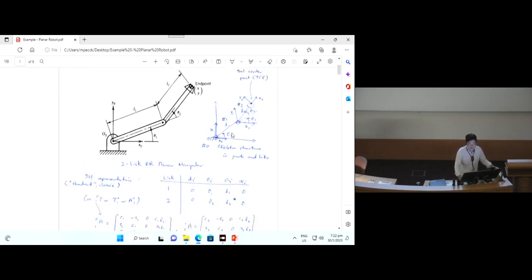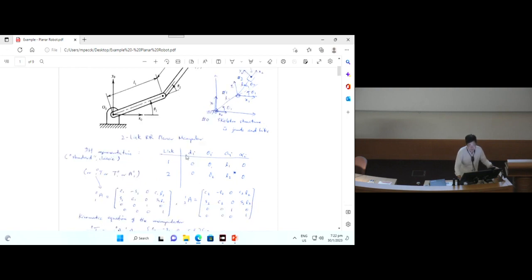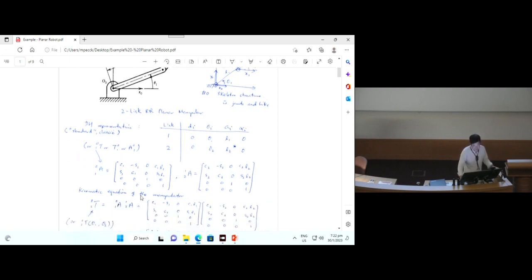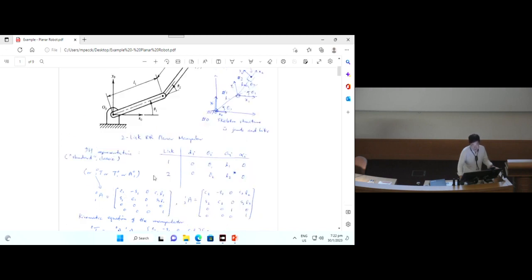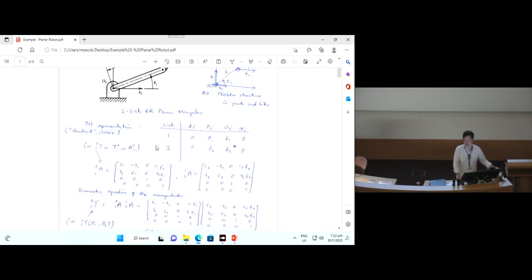You assign the frames, and with that you can identify the DH parameters. This is under the standard, classical representation. After that, you can determine the transformation matrix between the links.